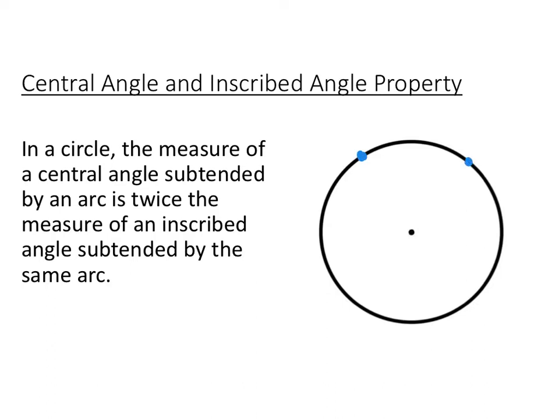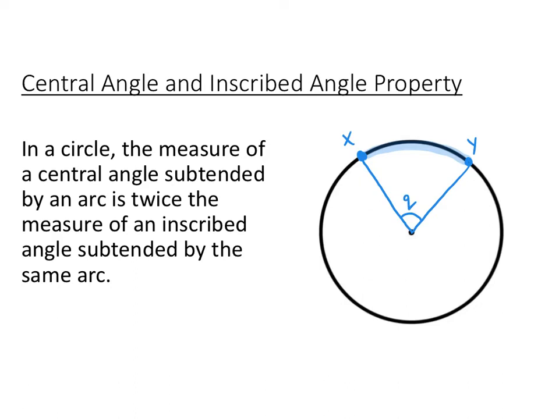So there's my arc. I'll highlight it so you can really see. I'm going to call that arc XY. So the measure of a central angle subtended by an arc. Okay, let's draw a central angle. I'll call this angle Q.